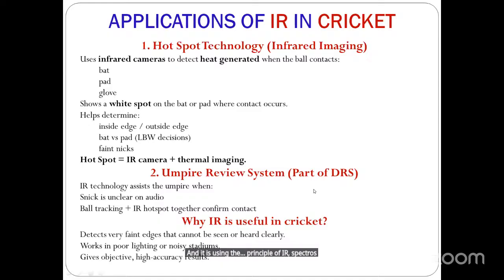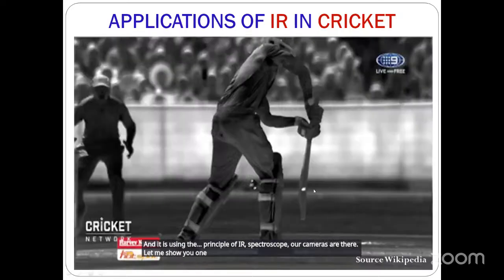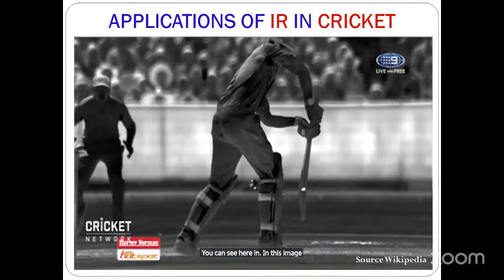IR cameras are there. Let me show you one image. You can see here in this image, I have taken it from Wikipedia. So you can see in the decision review system, the umpires have seen that there is a white spot on the bat. It means the ball has struck at this position, and the umpires can now make the decision.